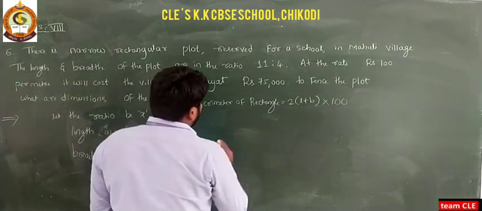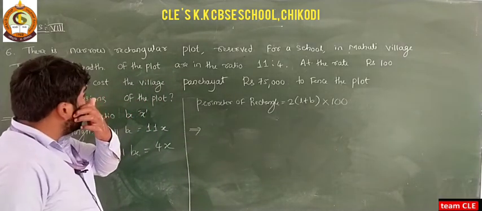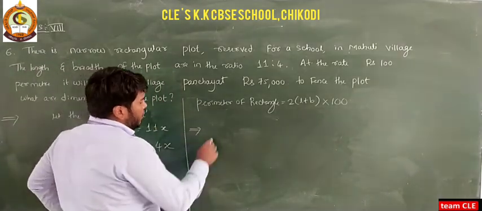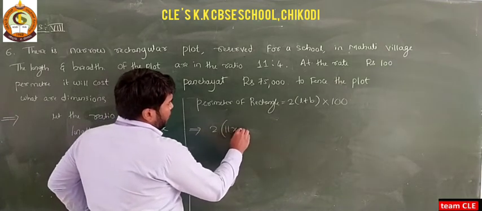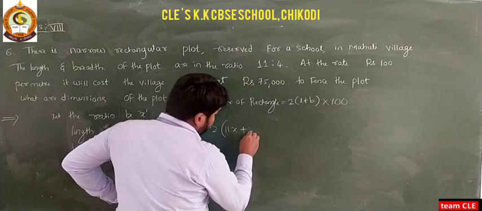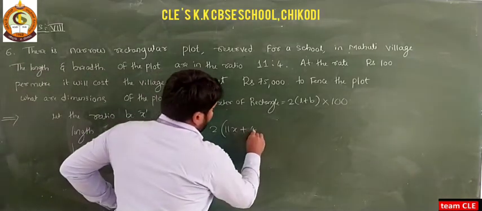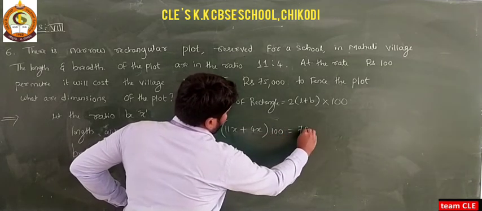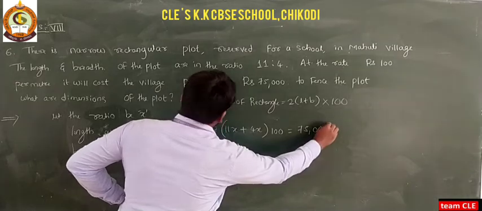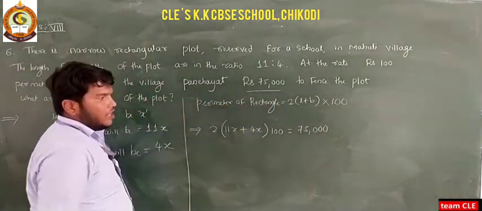It will cost the village panchayat rupees 75,000, so 2 into (11x plus 4x) multiplied with 100 equals 75,000. This is the given equation.